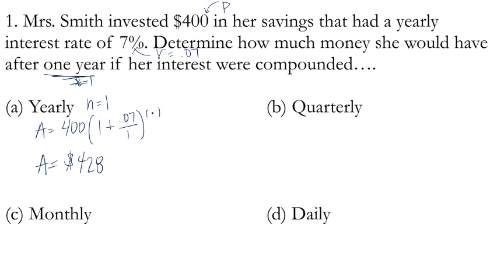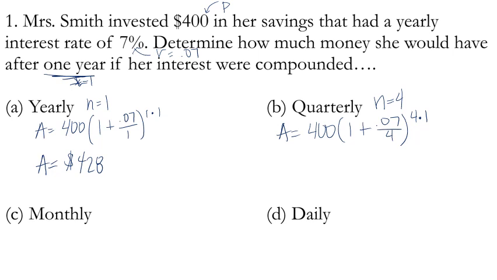Now let's see what changes when we do this quarterly. Quarterly means 4 times a year that we'd be compounding, so N is equal to 4. Still plugging in the same thing, A is equal to 400 times 1 plus 0.07, this time divided by 4, and then that raised to the 4 times 1 power.